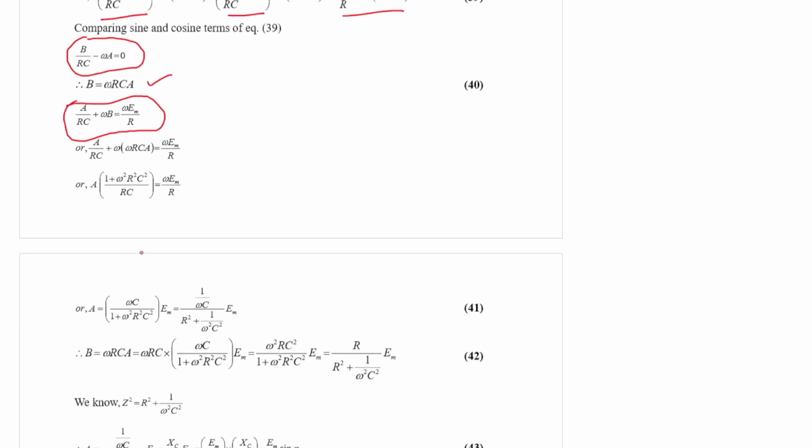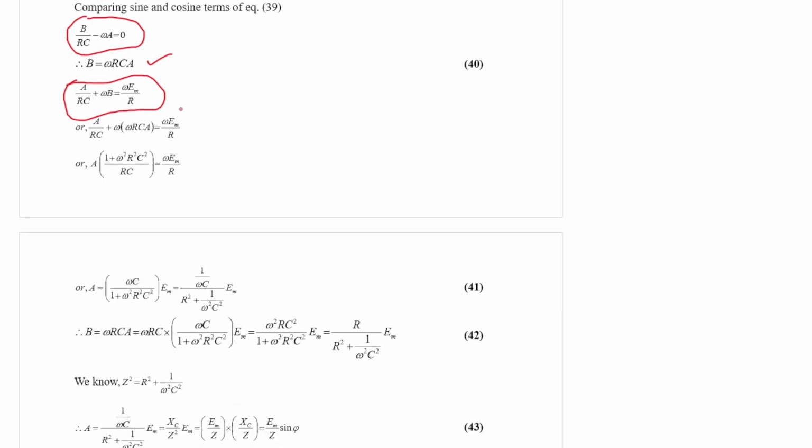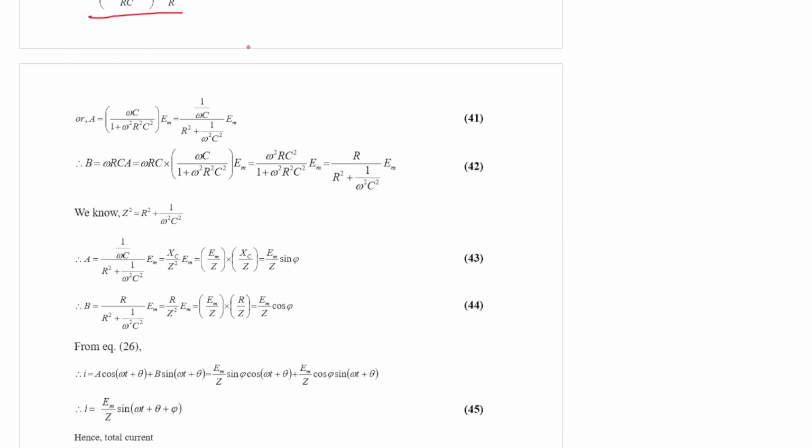If you substitute B in this equation, we get an equation like this. From there you will get A equal to (1/omega C) divided by (R squared plus 1/omega squared C squared) times Em.